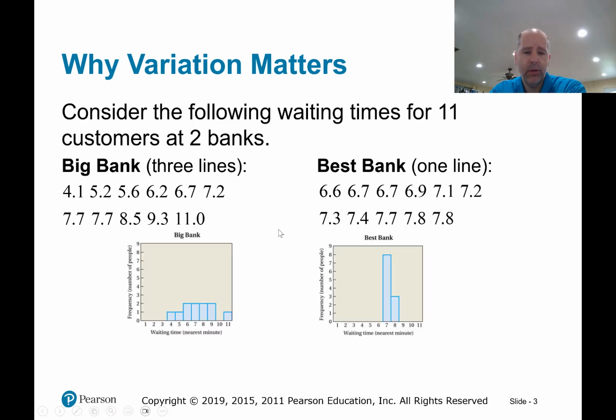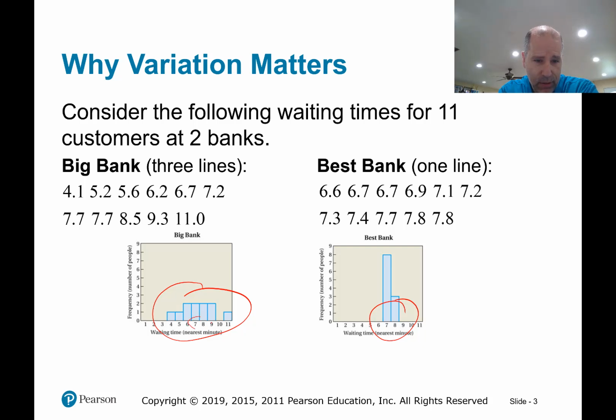Okay, so here we go. Here are the 2 histograms. Notice that for Big Bank, we have much higher variation than with Best Bank, right? Look how spread out those waiting times are compared to Best Bank. Now notice also that both of these are centered around 7 and 8, right?